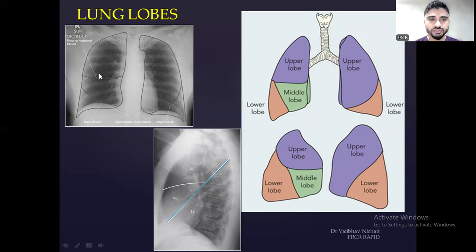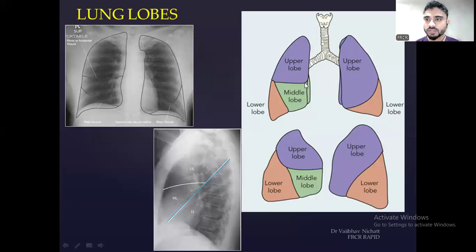So there are two fissures on the right side. On the left side, there is only one fissure, the oblique fissure, the major fissure. On the lateral radiograph, you can see the horizontal fissure, and the oblique fissure separating the right upper and middle lobes from the right lower lobe.